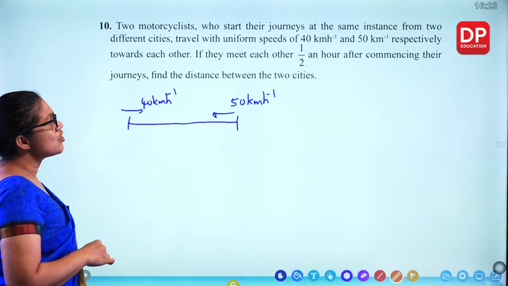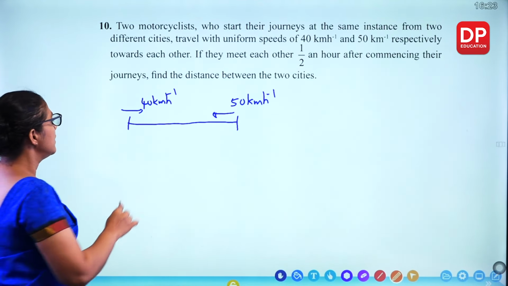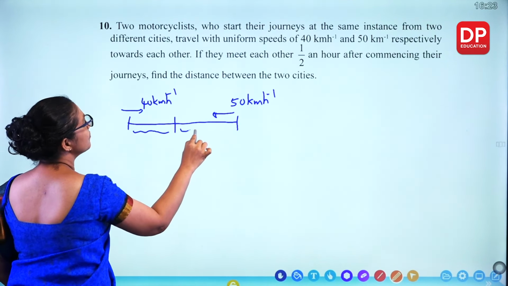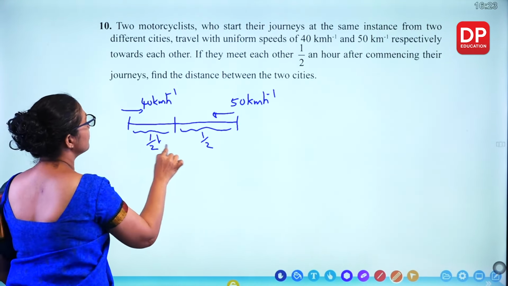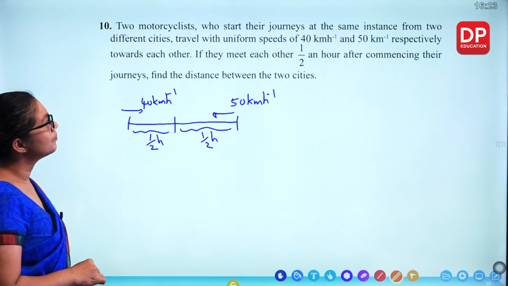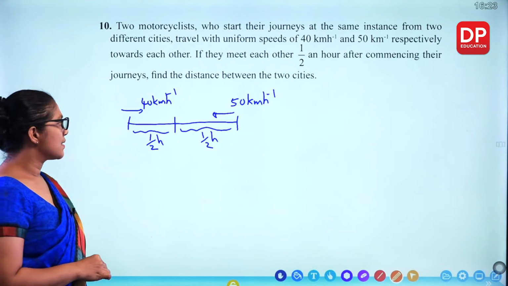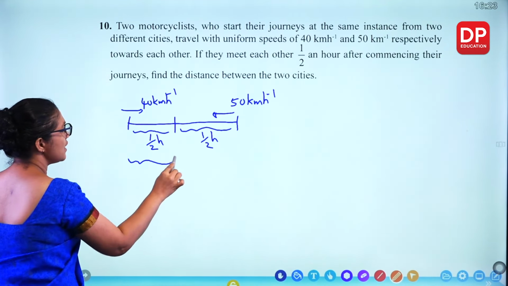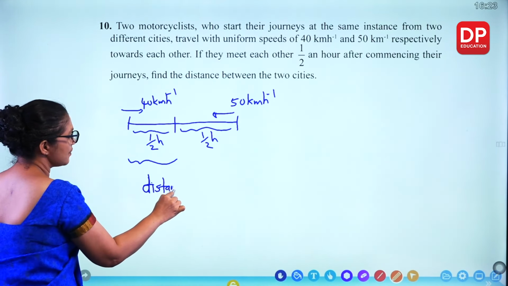If they meet each other half an hour after commencing their journeys, find the distance between the two cities. Now we know the speed and time. We can find out the distance traveled by this person.